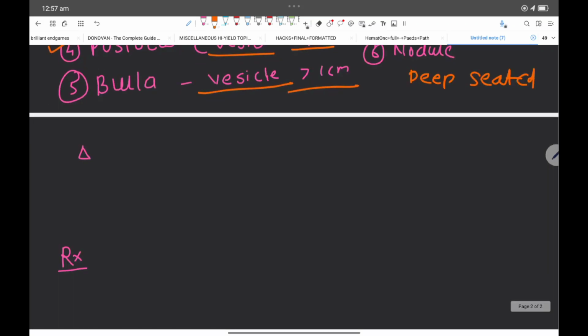So diagnosis of various skin rashes is done by, first, biopsy, sample taken from fluid.